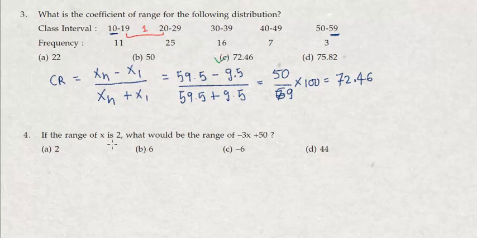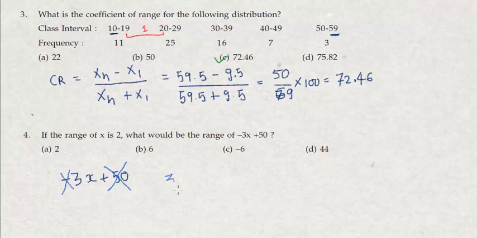If the range of x is 2, what would be the range of minus 3x plus 50? So our expression here is minus 3x plus 50. Now we already know that the range is free from change in origin, so we will forget about this plus 50, and we also know that dispersion or distance can never be negative, so we will also forget this minus sign here.